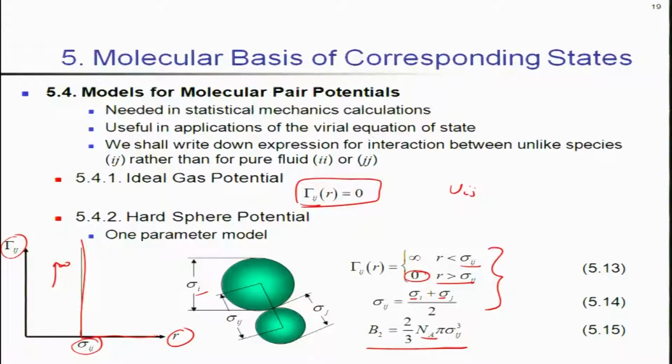So, what is a virial coefficient? The virial coefficient for the second one is defined as minus 1 by 2V times the double integral of the Mayer function, which is e to the minus beta times the potential energy of i and j, minus 1, dr1 dr2.